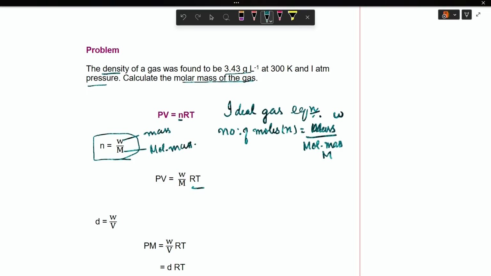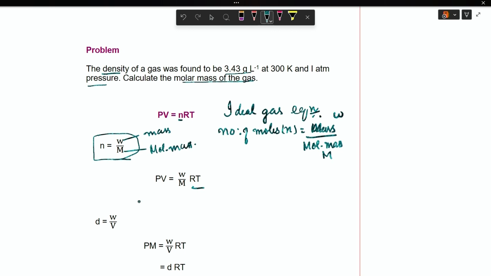Okay. Now, I have got so much, but again the problem is no pressure is given here. Temperature is given, of course, and 1 atmosphere pressure is given, but we do not have any other values, like we do not have the weight here. So, you cannot calculate. So, let us convert this.